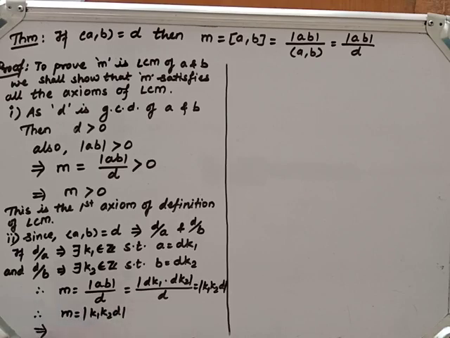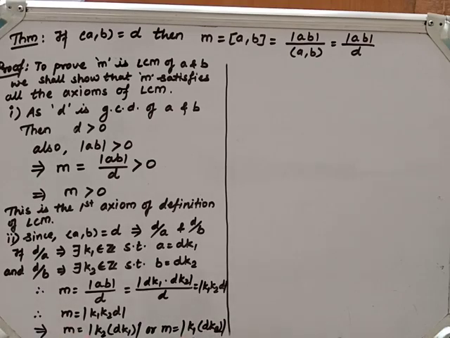This can be written as M is equal to mod of K2 into DK1 as such, or M is equal to mod of K1 into DK2. May I write this as such? Is it okay to you?